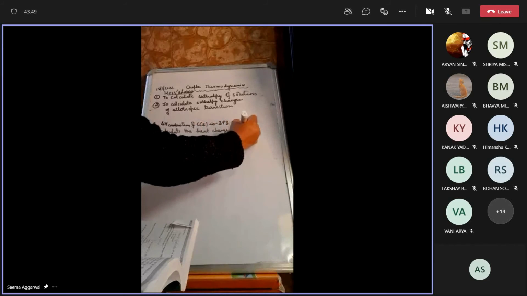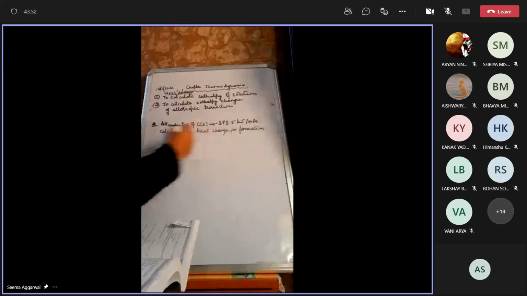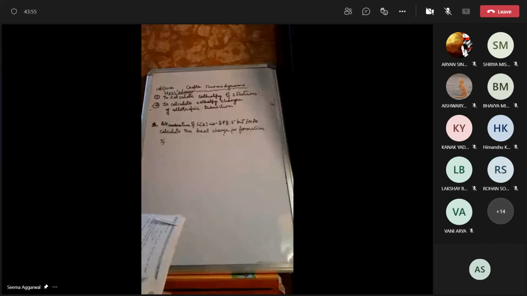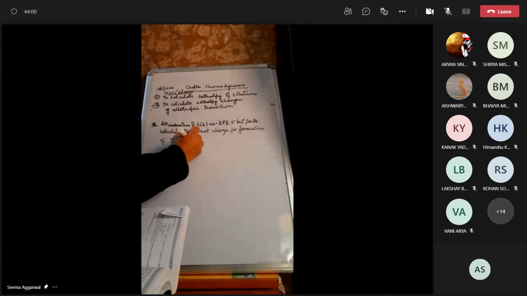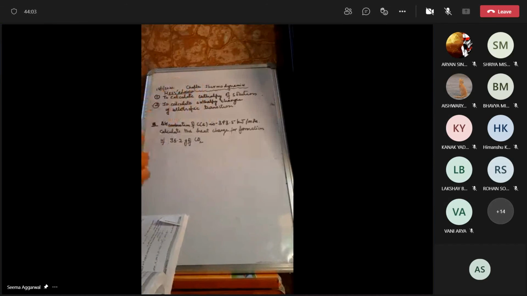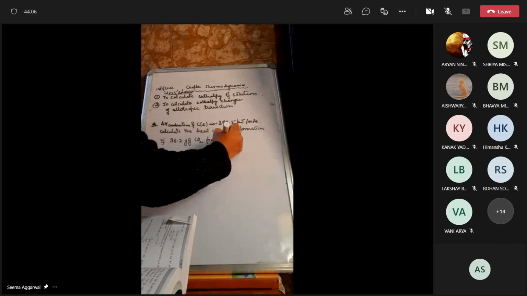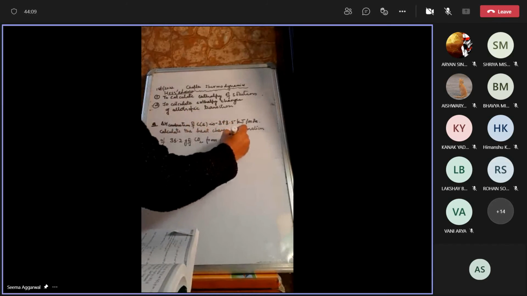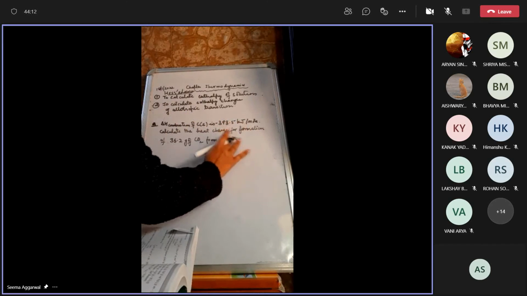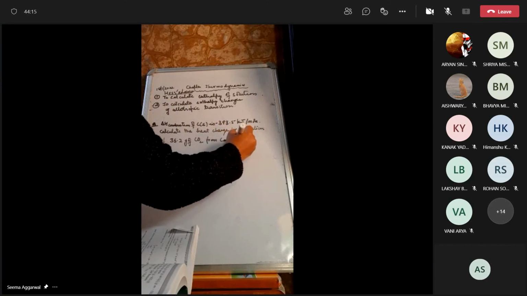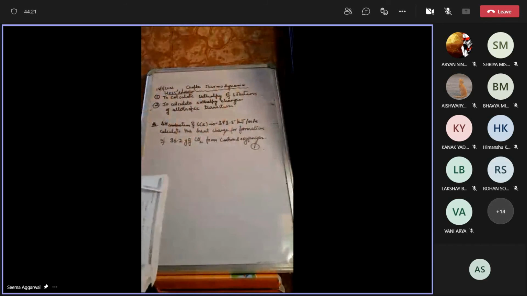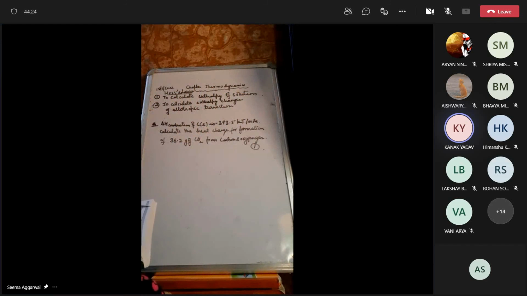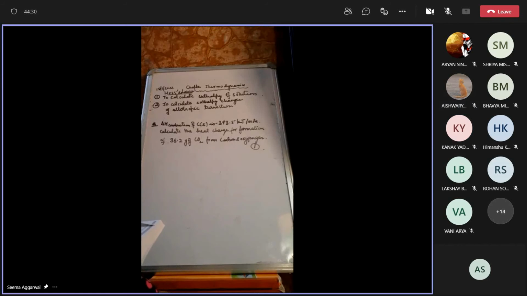Calculate the heat change for formation of 35.2 gram of carbon dioxide from carbon solid and O2 gas, from carbon and oxygen gas. Very easy question. One marker question only. And that is 35.2.